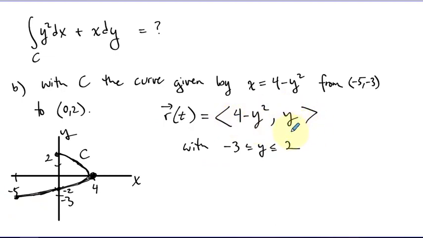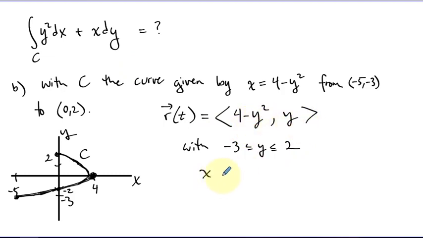So that parameterizes the curve with the parameter y. What's going to happen here is I have a parameterization that says x is a function of y, and y is a function of y. So I'm not going to parameterize in terms of t; I'm going to parameterize in terms of y.